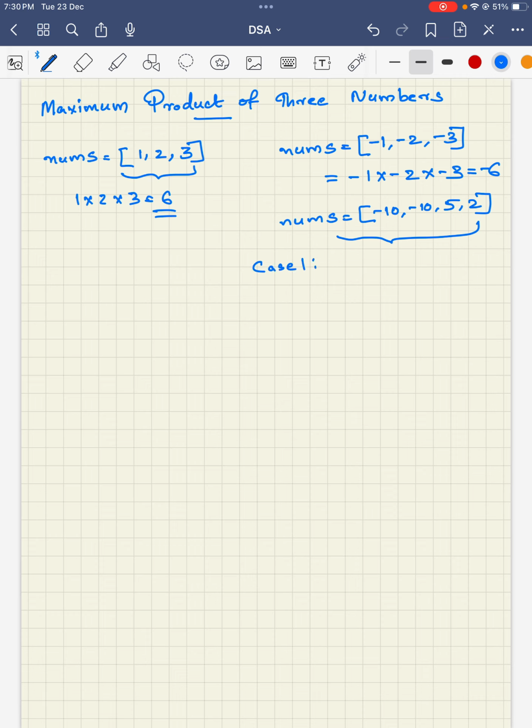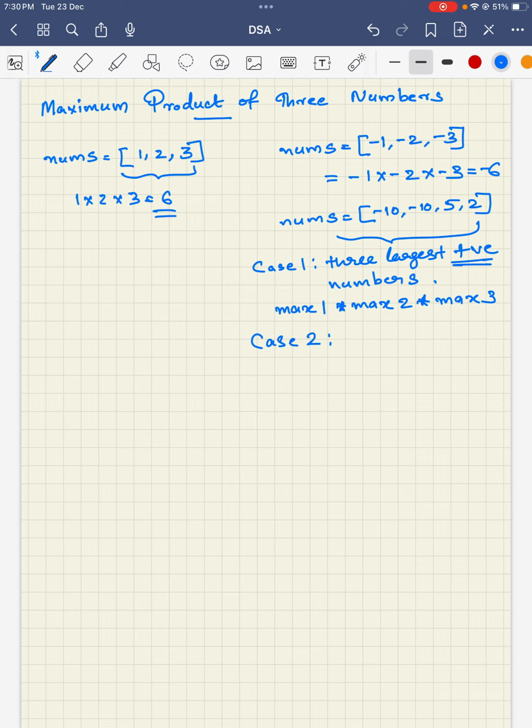Case 1: if there are three largest positive numbers, this is important, positive numbers, that would be max1, max2, max3.